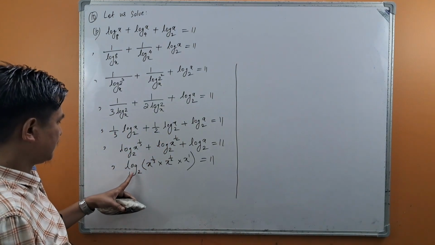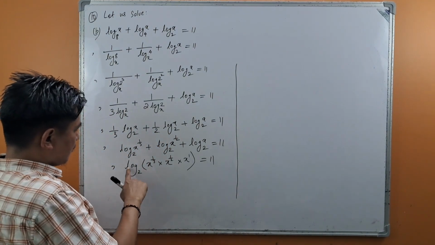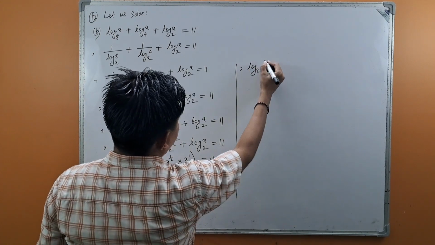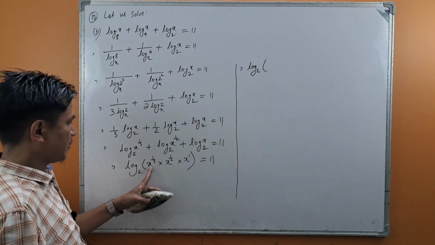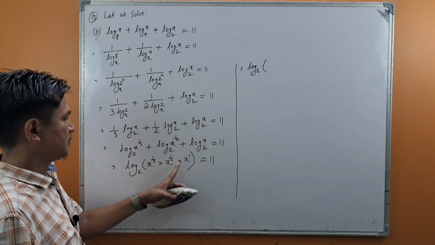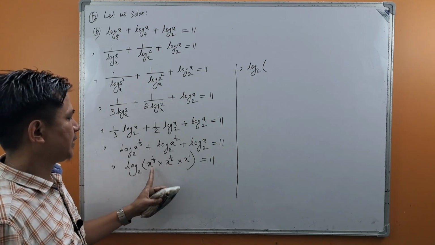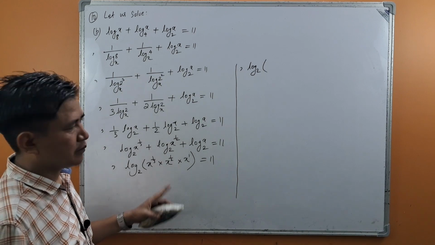So this is log base 2 of x. Now bases are same, and if bases are same, when we multiply these numbers, powers will be added, isn't it?